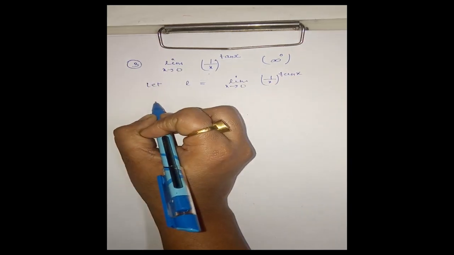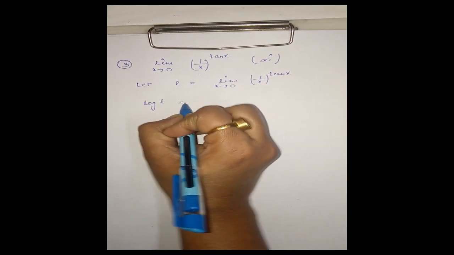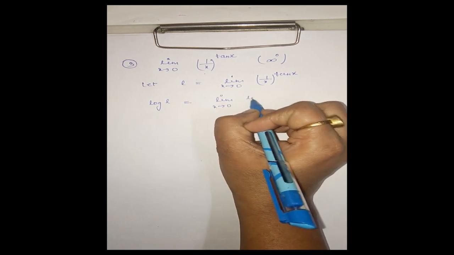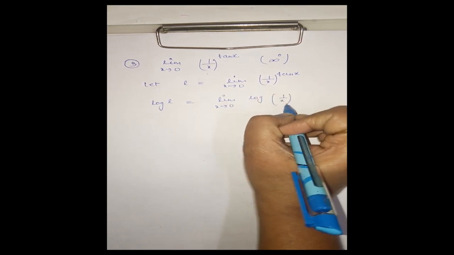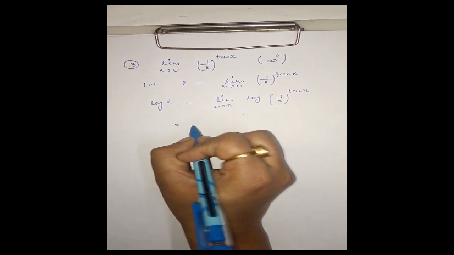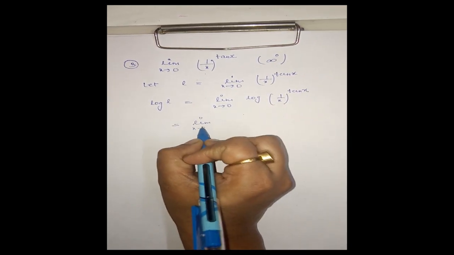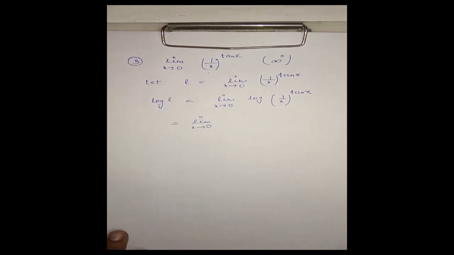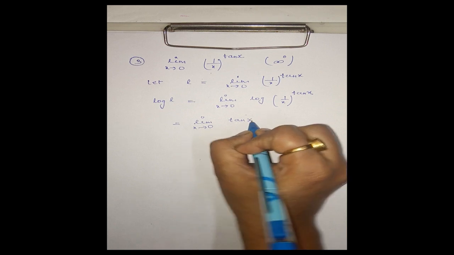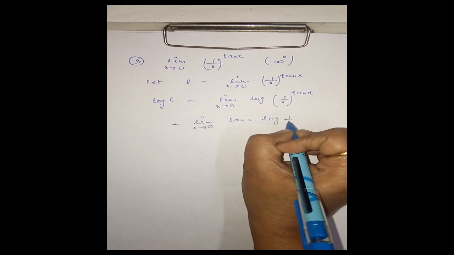Taking log both sides, we have log L is equal to limit x tending to 0, tan x into log 1 by x.